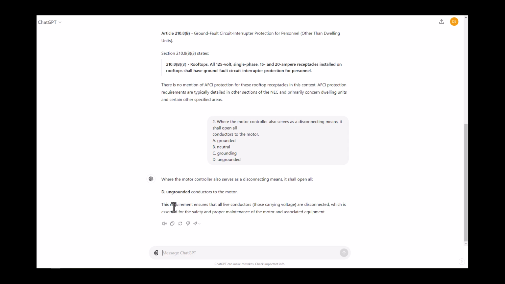But anyway, if you need a little more definition, this requirement ensures that all live conductors, those carrying voltage, are disconnected, which is essential for the safety and proper maintenance of the motor and associated equipment. See you guys in the next question.